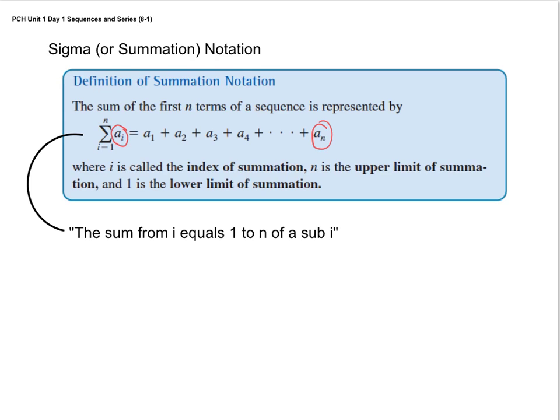A lot of times we'll use these sums for a sequence, okay? For adding up terms of a sequence. Now, that's what we call a series then. If you're taking terms of a sequence and adding them together, now you have a series, okay?